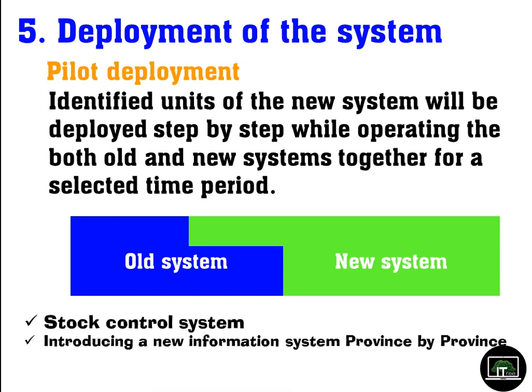Stock control systems are better introduced in this way. For example, say we are going to introduce a driving license issuing system for the whole of Sri Lanka, what could we do? We can introduce it province by province. Then we can gradually introduce it to the whole country. This is the pilot deployment.